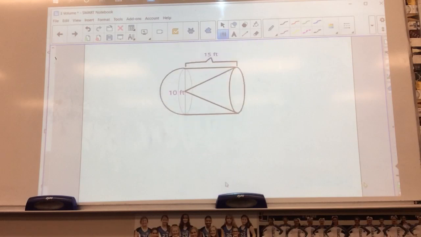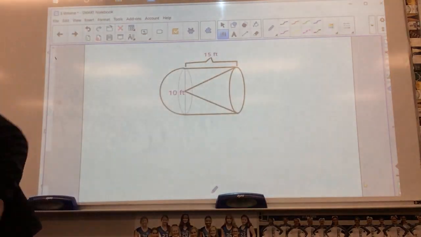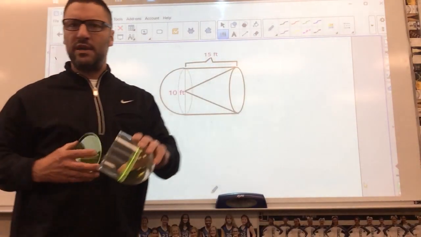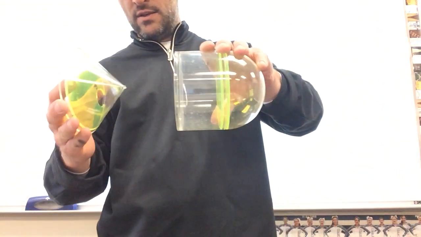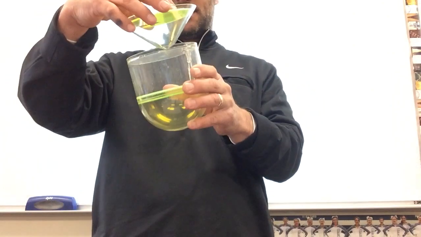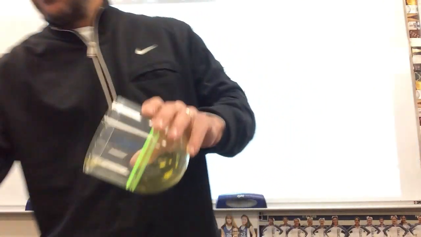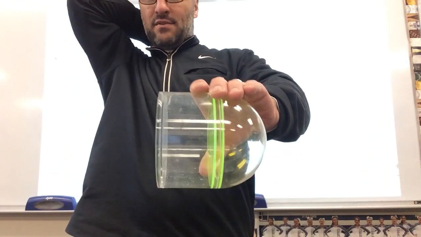All right, the last problem of the day is a composite problem. Basically what I have is a cylinder and a hemisphere like this, and then I have this cone. But if you notice, the cone is taking up space on the inside, and what they want is the volume of this right here.